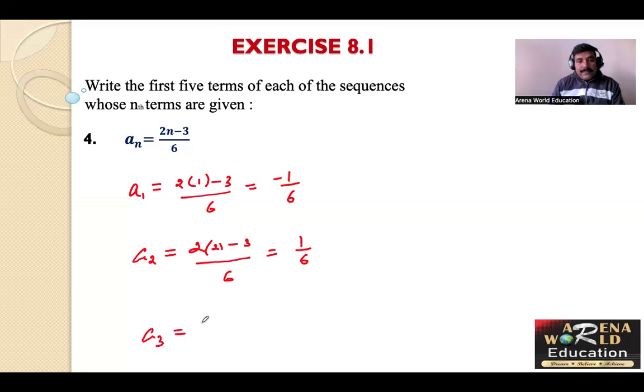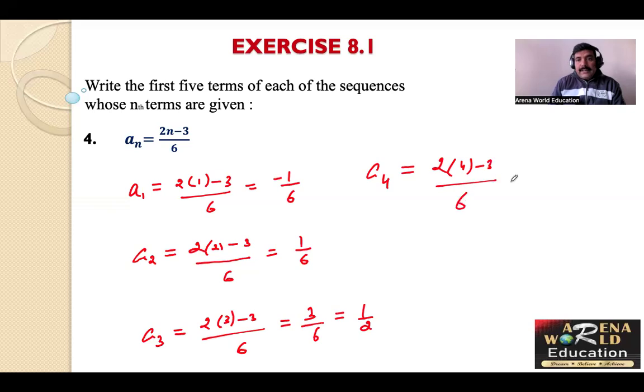Now A3, yes, 2 into 3 minus 3 divided by 6. So this will be what? 6 minus 3, 3, so 3 upon 6. Or you can write it as 1 upon 2. Now A4. A4 will be what? A4 will be 2 into 4 minus 3 divided by 6.